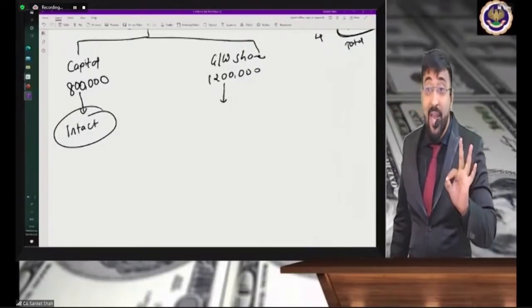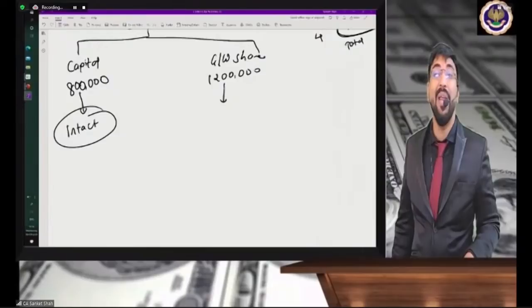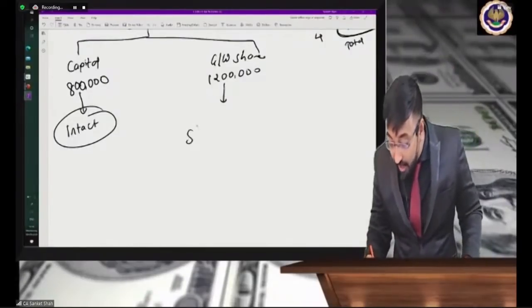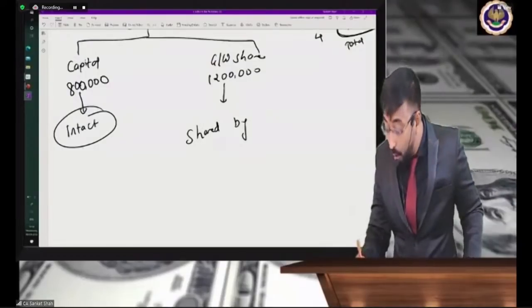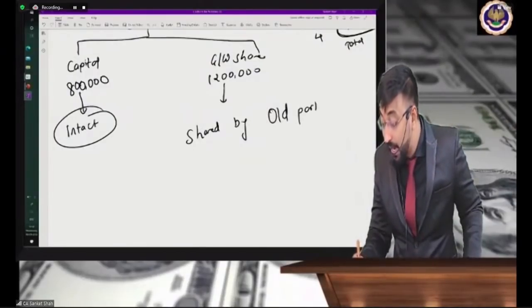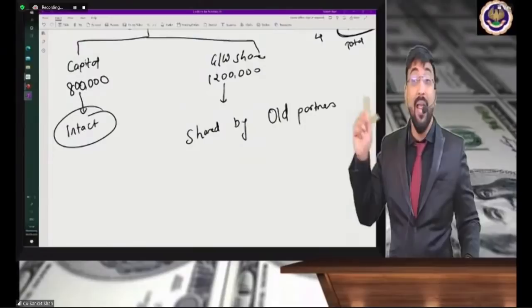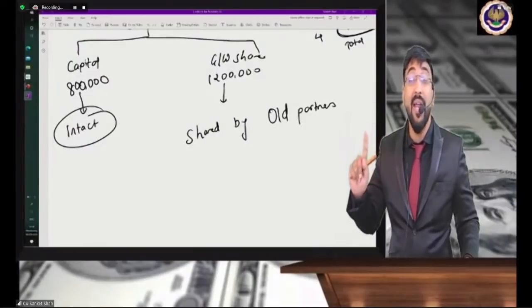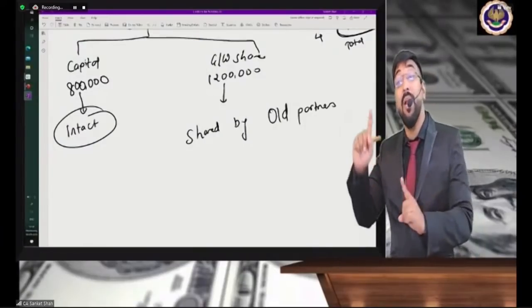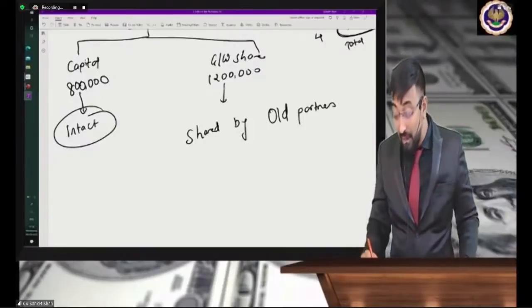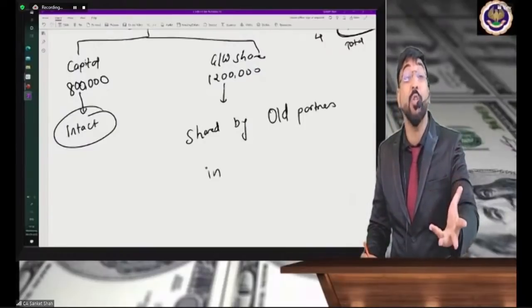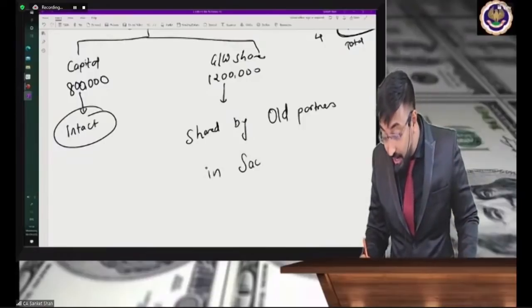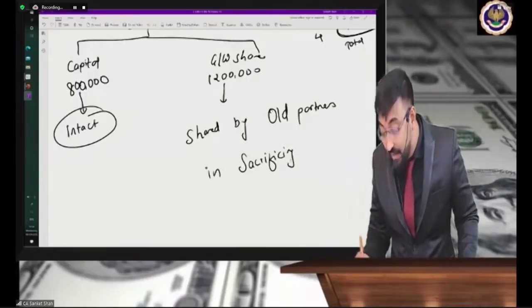But wait. Now this goodwill amount will be shared by all partners. Sarvesh, you won't get the 12 lakh rupees. This 12 lakhs rupees will be shared by all partners because they sacrifice their ratio. So it will be shared in the sacrificing ratio.